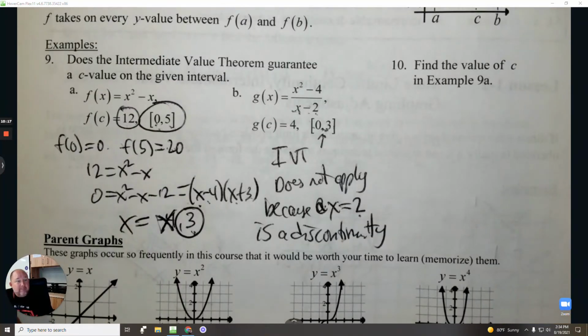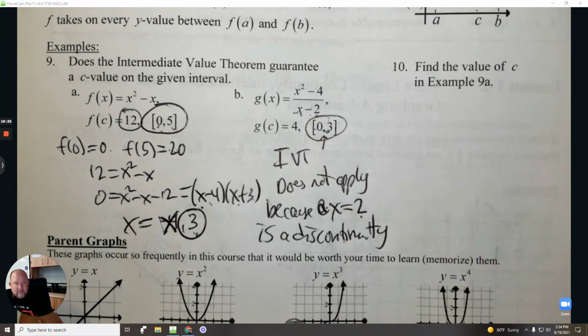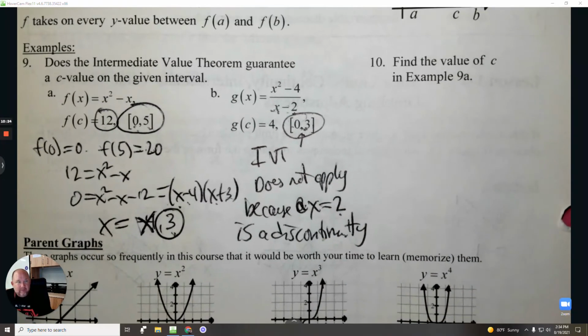So it doesn't apply because at x equals 2, it is a discontinuity. So it must be a continuous function in that domain restriction for it to apply.